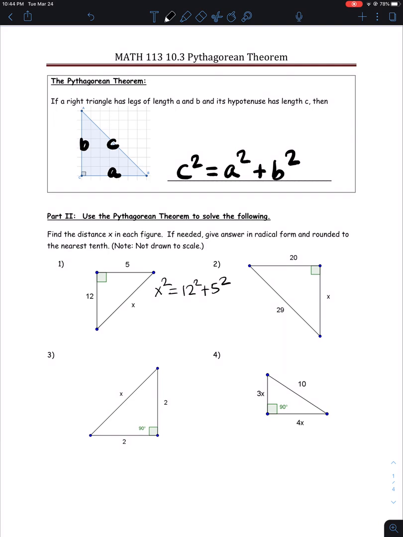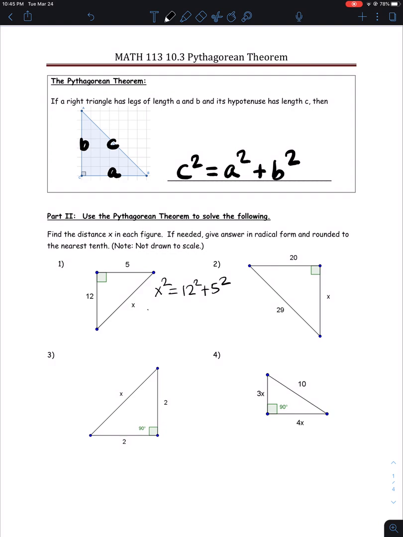It doesn't matter which one you call A, which one you call B. You'll get the same answer regardless of which way you do it. The only one that matters is the hypotenuse is always the side that's across from the right angle. So that's the only one that really makes a difference. A and B can be flip-flopped and you'll get the same answer.